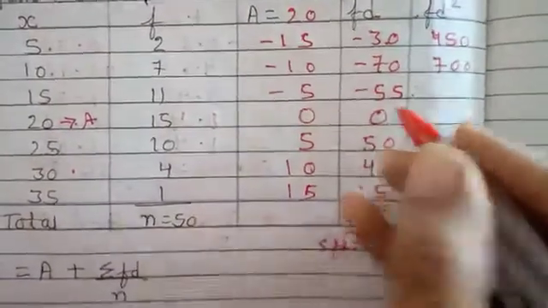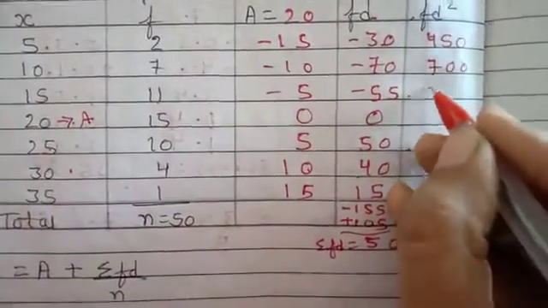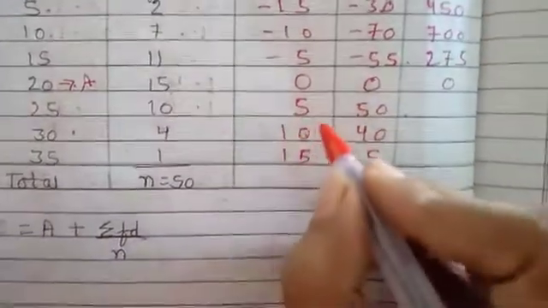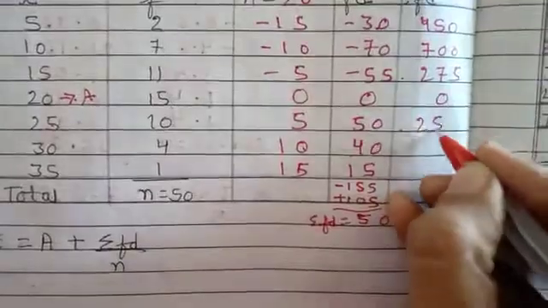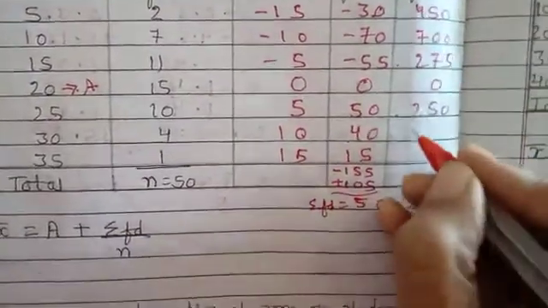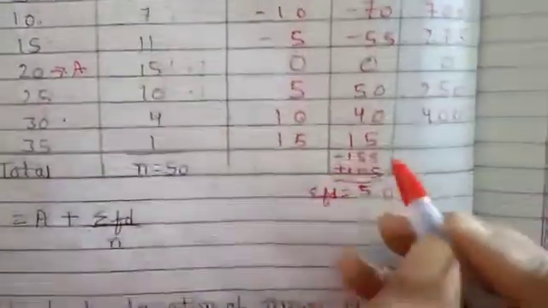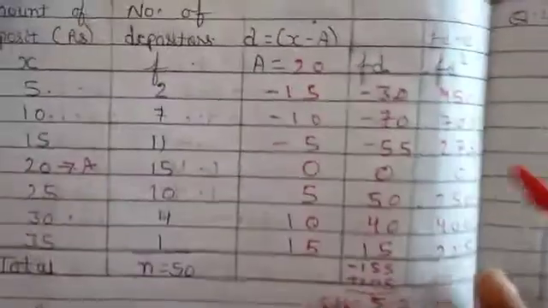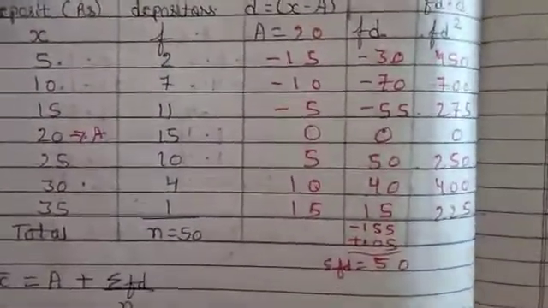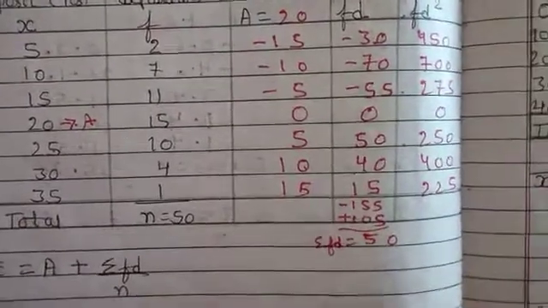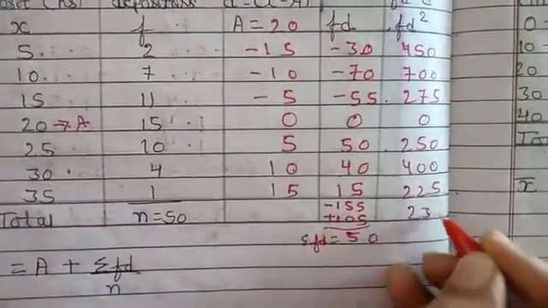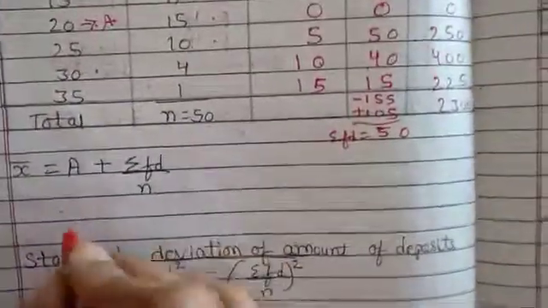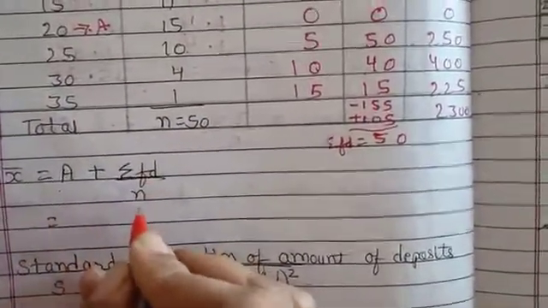Minus 5 multiplied by minus 55 will give you 275. 0 multiplied by 0 will give you 0. 5 multiplied by 50 is 250. 10 multiplied by 40 is 400. And 15 multiplied by 15 will give you 225. The total of your FD square column will give us 2300.